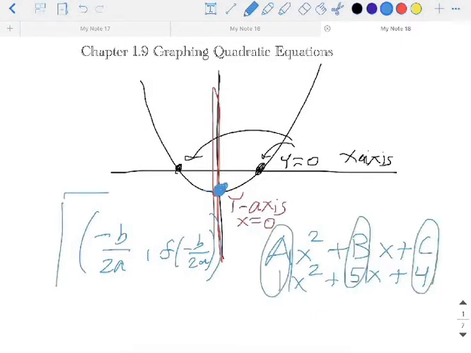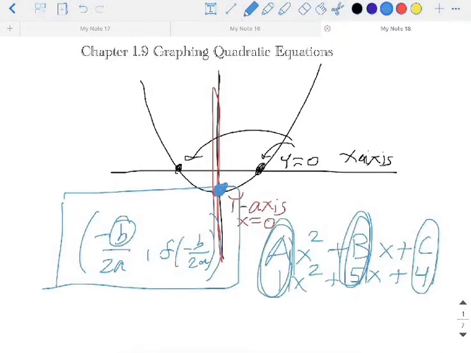And due to the formula, negative b over 2a, the b is the 5, and the a is the 1. And then we start plugging in negative 5 over 2 times 1, which is just 2. So now that we have negative 5 over 2 as x at the vertex, we then plug that back in so that we can find y.